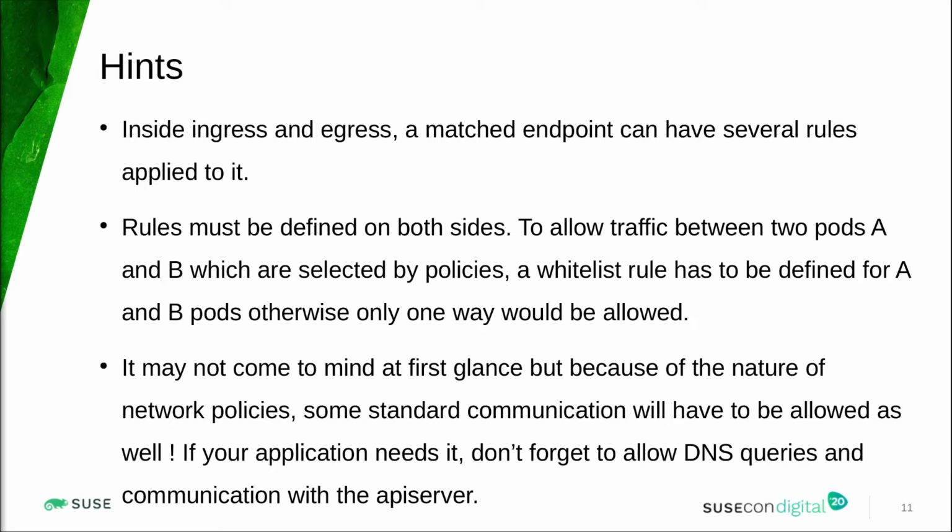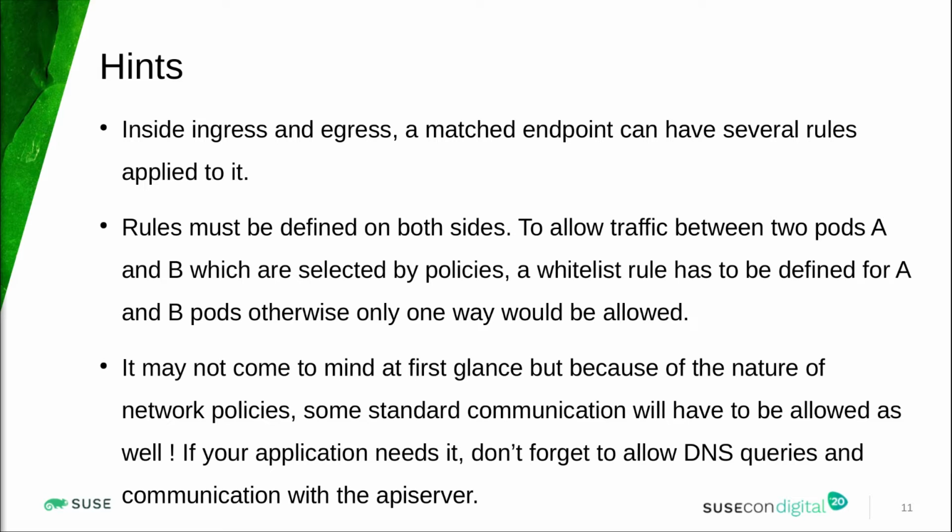The last hint I have for you is that when you apply a policy to a pod and you don't specifically allow some traffic like DNS or the communication with the API server, this is not possible. This is very logical when you think of the nature of network policies.